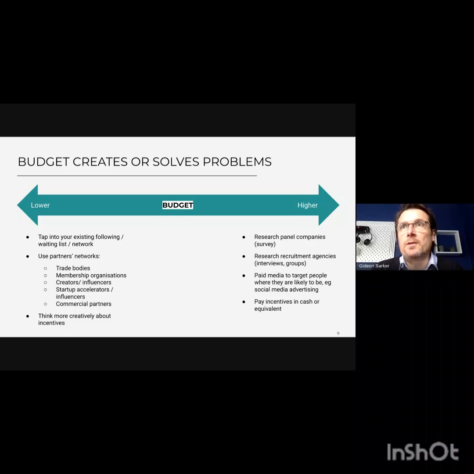If you are doing more qualitative research, where you're doing interviews or focus groups, and you want to outsource the problem of finding people, then there are specialist agencies out there whose job that is.